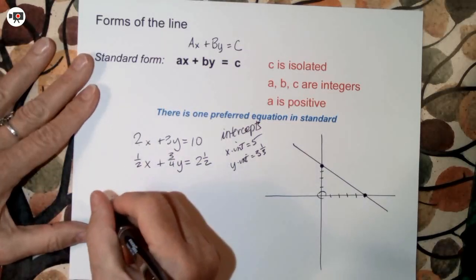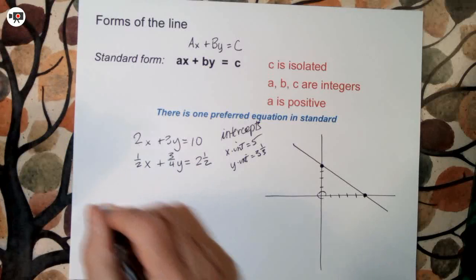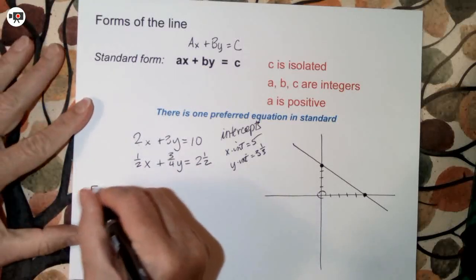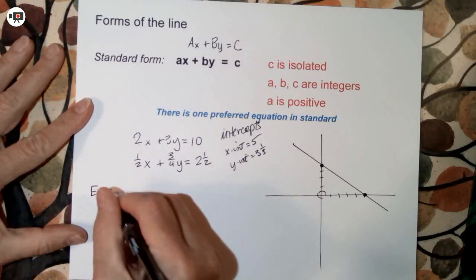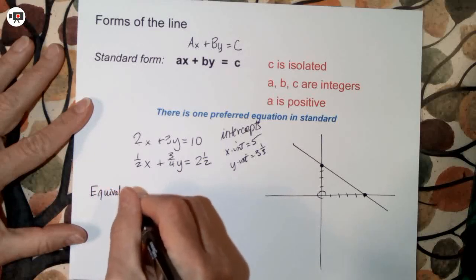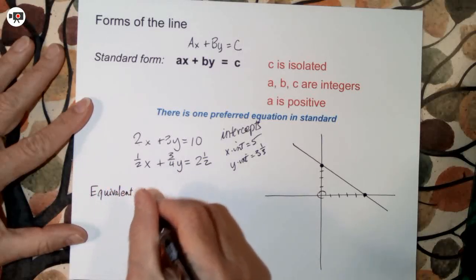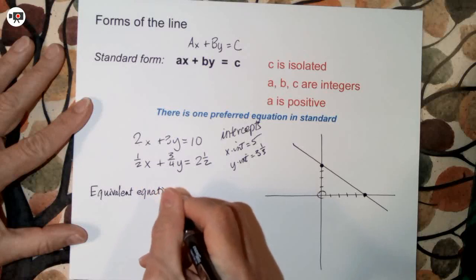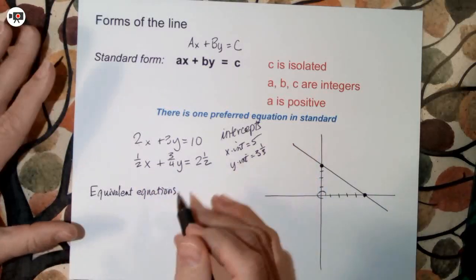So one of the things about standard form is there are many equivalent equations, and they are also in standard form. Well, this one has fractions, so we don't like it.